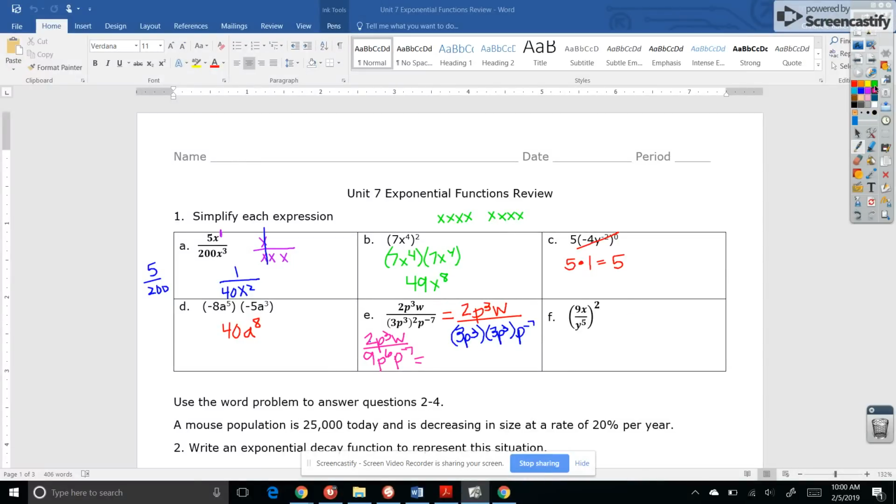Okay, last step. I'm going to bring my p to the -7th up to the numerator. So I have 2p cubed times p to the +7, and then I have 9p to the 6th. Sorry, I said last step, but one more. So 3 plus 7 is 10.